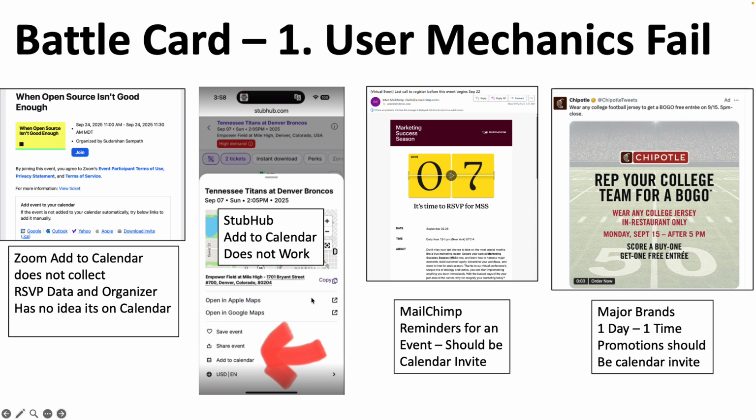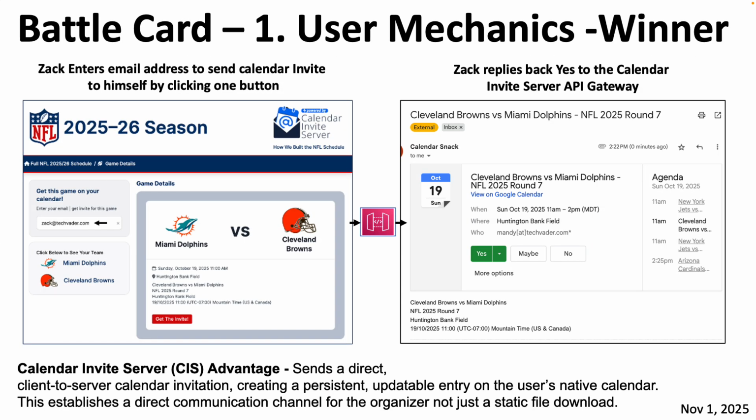So when we get into mechanical failure, here the winner we believe is us, and us is an embedded calendar invitation either in the web or email or an app. Our REST API basically is a pipeline for calendar invitations that generate code. These codes can be embedded into web, email, and applications.